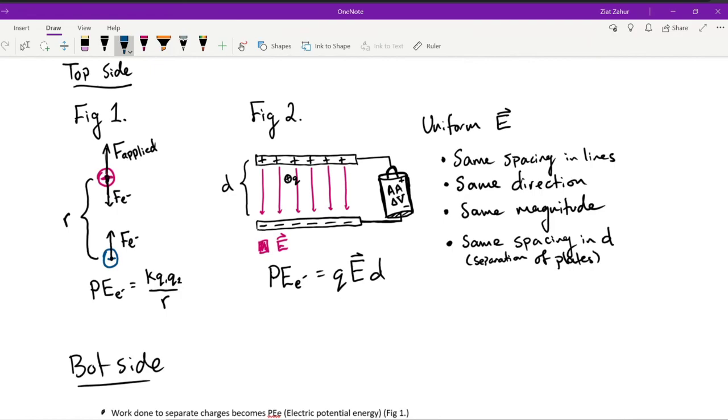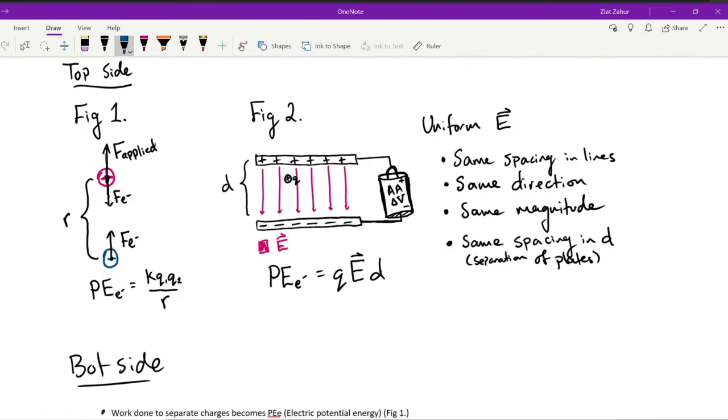And in order to separate them, we're using an applied force, and that applied force does work on the system. And that work that you do gets stored in the electric field itself, so that when you let these two balls go, after stretching them out, they will accelerate towards each other and eventually crash into each other.